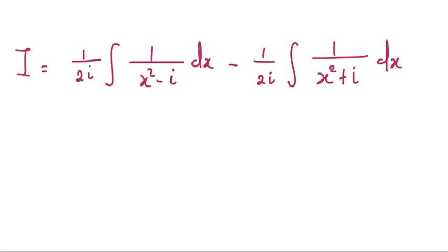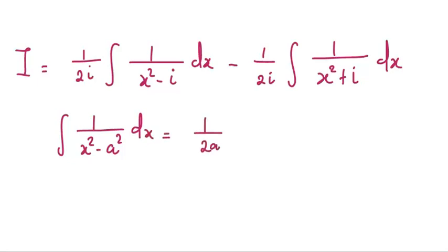We know that the integral of 1 divided by x squared minus a squared dx is equal to 1 by 2a multiplied by the natural log of x minus a divided by x plus a. This is cool. And don't forget our constant.